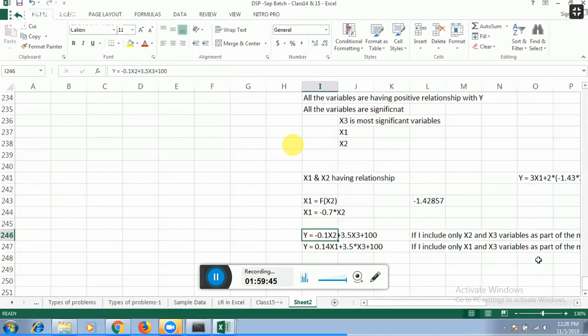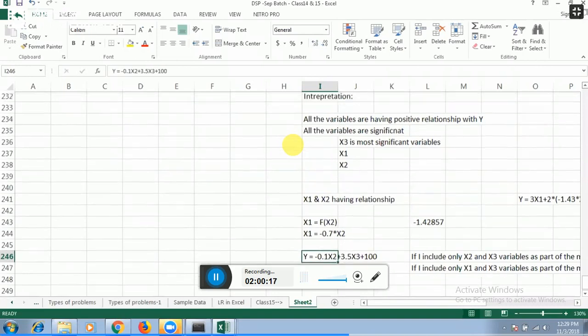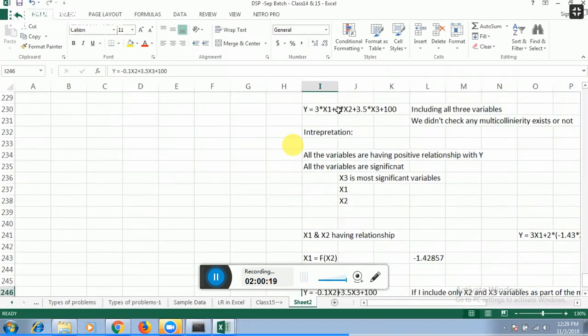If I look at this, what is the relationship of your X2 with your Y? Negative relationship, right? And is the negative relationship close to significant? Assuming the variables are on the same scale, this variable is not that significant. Earlier, in your original equation, you got 2 times X2, and here you got minus 0.1 times X2.